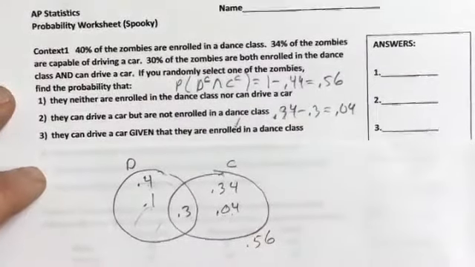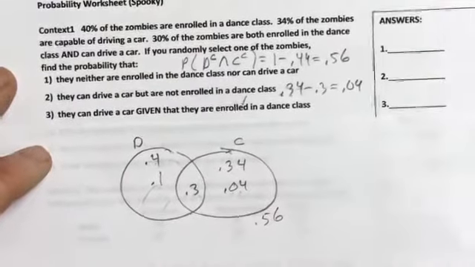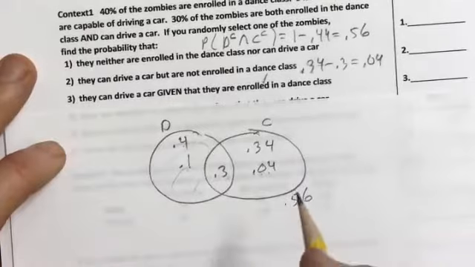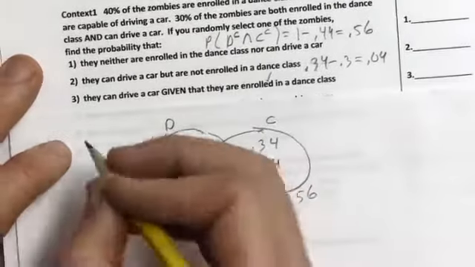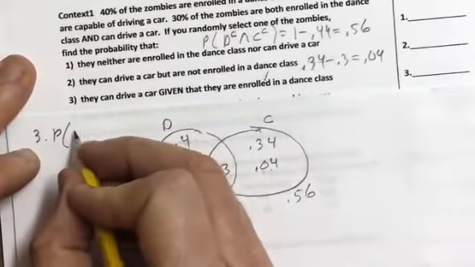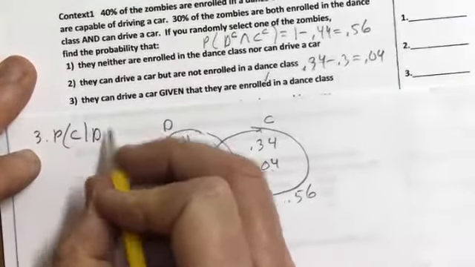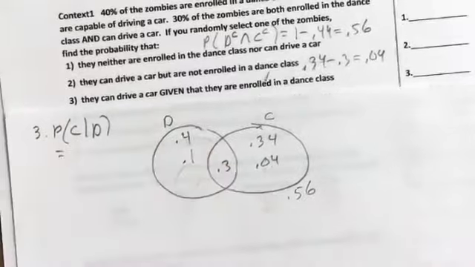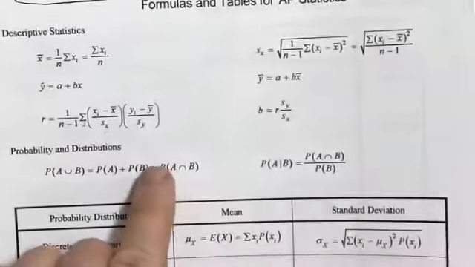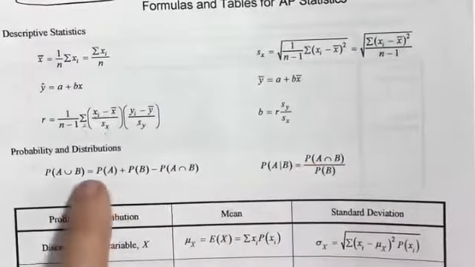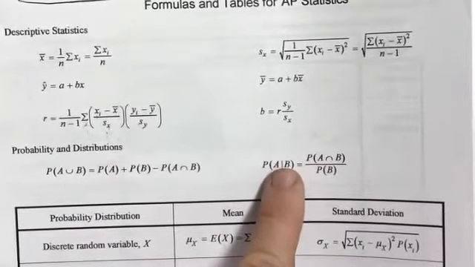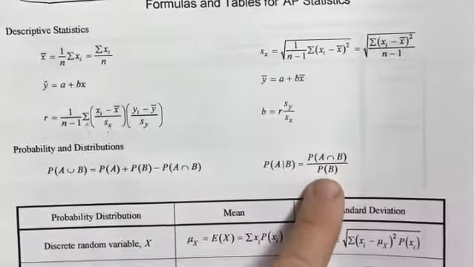Next, they can drive a car given they're enrolled in a dance class. That is from section 5.3. So for number 3, it's the probability they can drive a car given a dance class. Our formula on the formula sheet for that is the second formula. These are the two formulas in chapter 5. This is the addition rule, and this is the conditional probability rule.